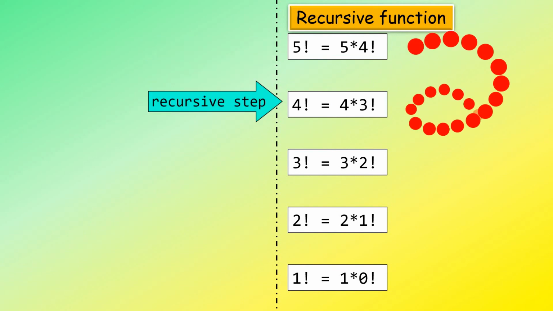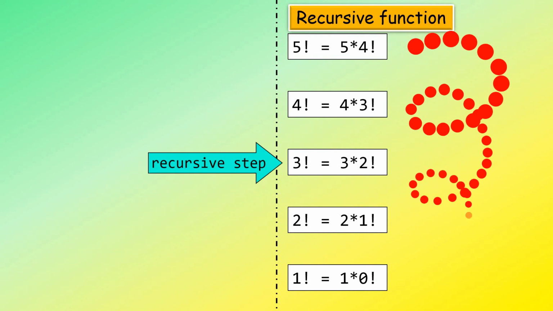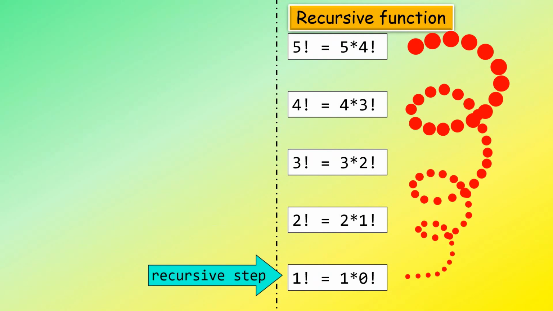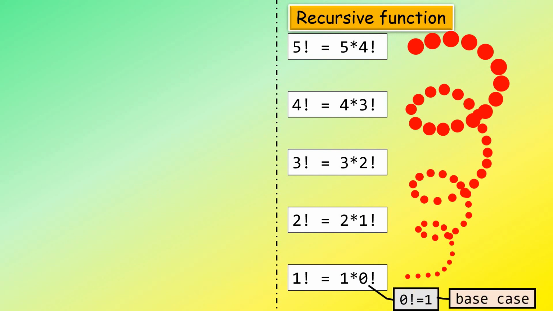So like this, you go on repeating the recursive step, and when you touch the base case, once again you have to come backward. So you have spiraled down. When you touch the base case, you have to come up.